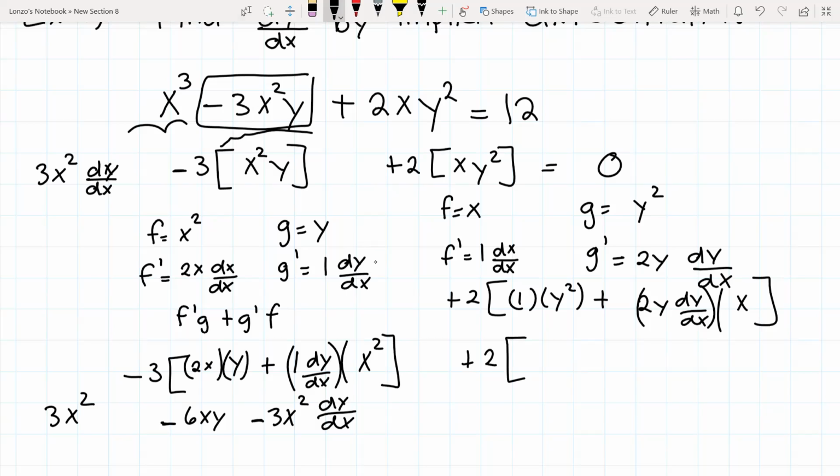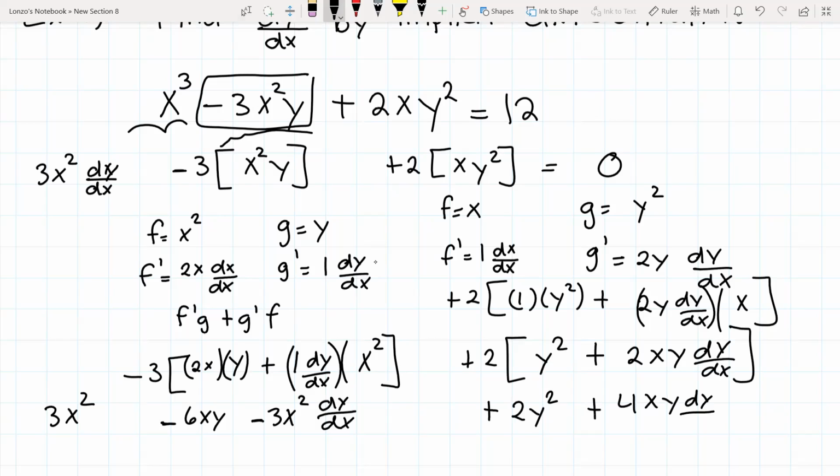So this would be y squared plus 2xy dy dx. So this is going to be plus 2y squared plus 4xy dy dx. And then this all equals, on the right side, 0.